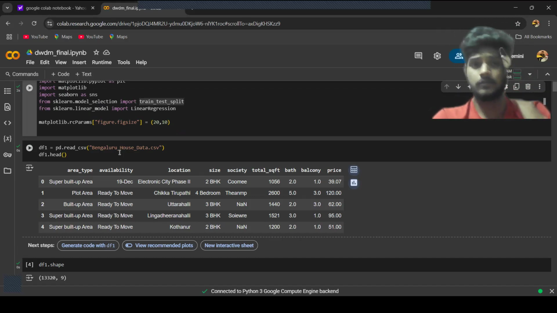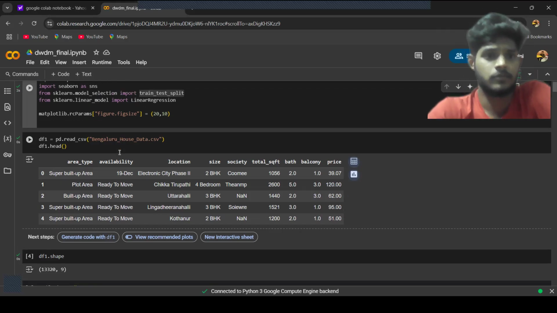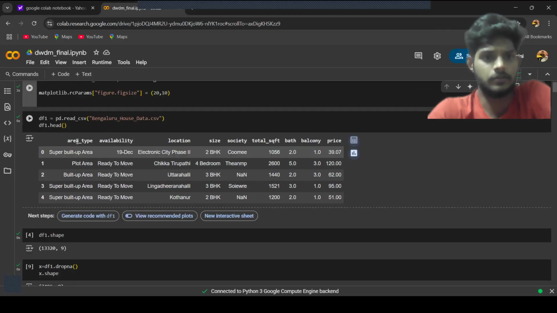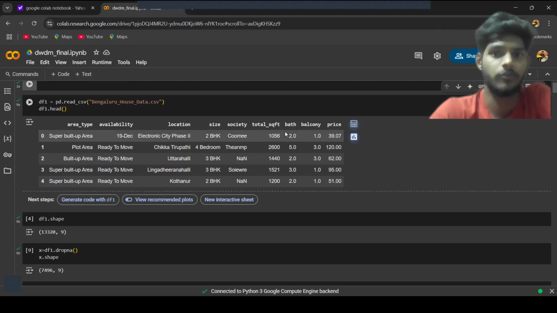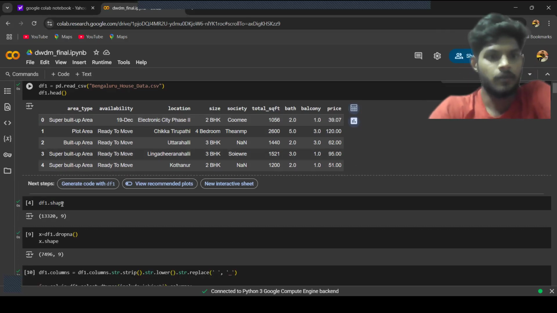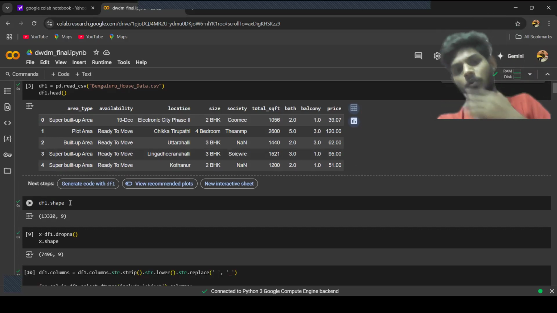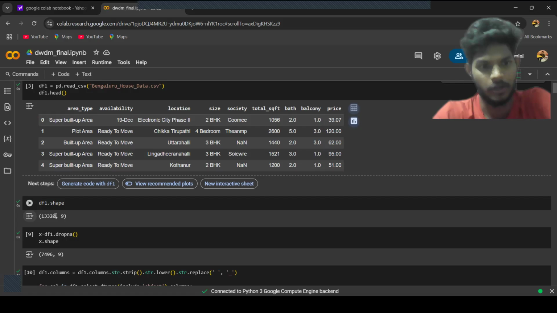We are taking the Bangalore housing dataset, which contains features like area type, availability, location, size, society, total square footage, bathrooms, balconies, and the price. The total number of rows is 13,320 and the number of columns is 9.